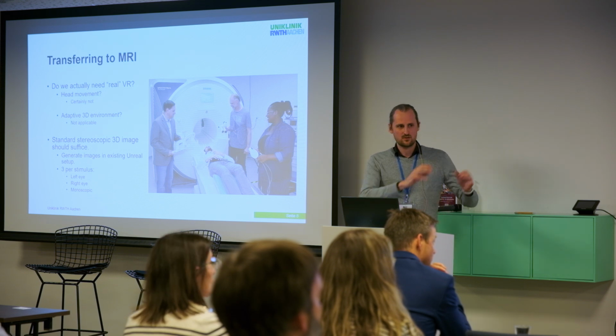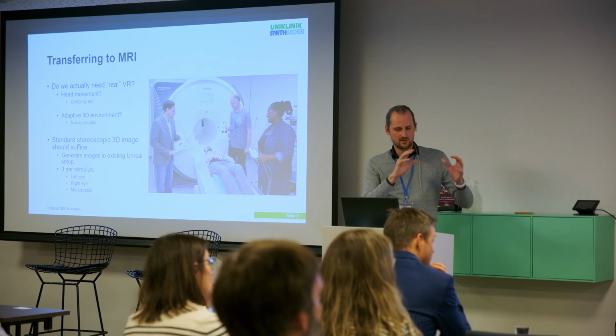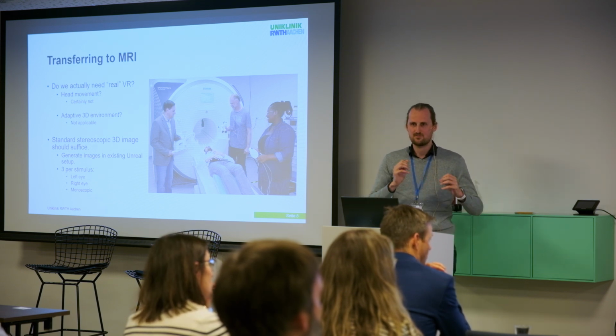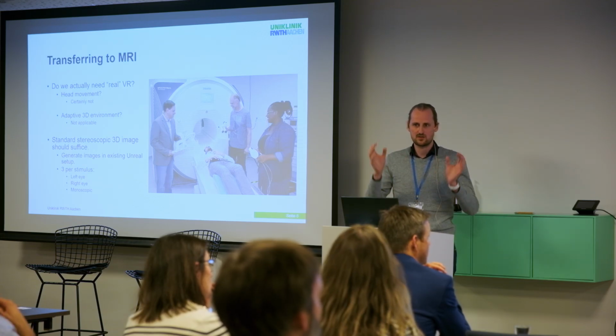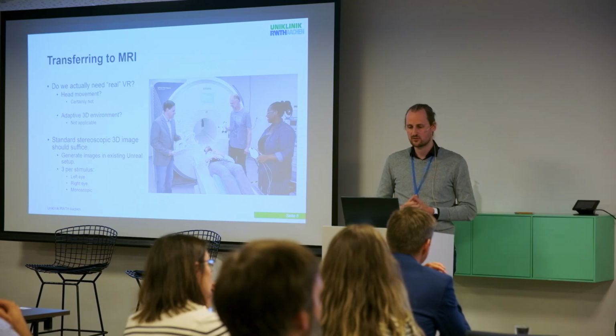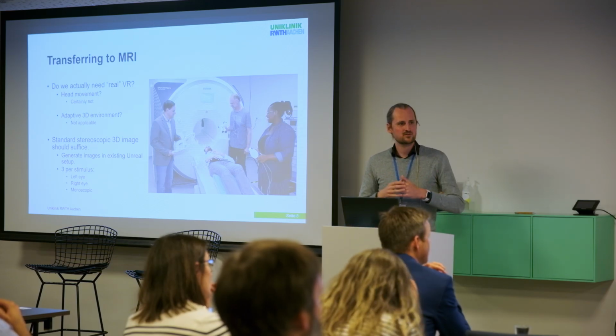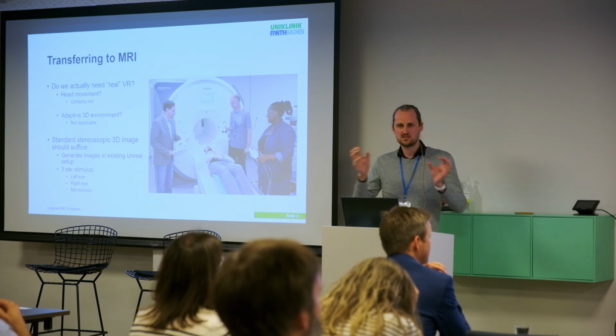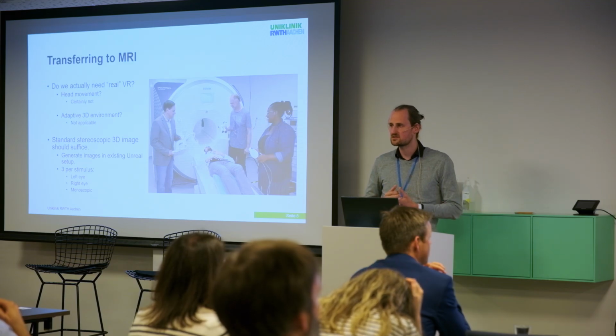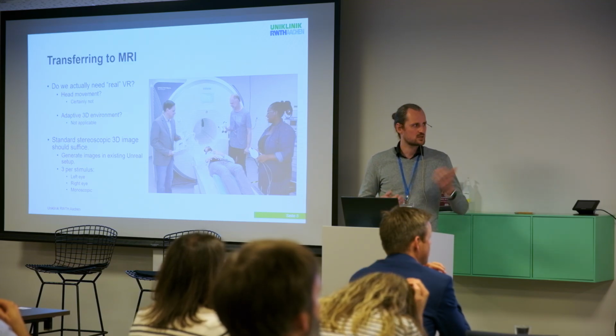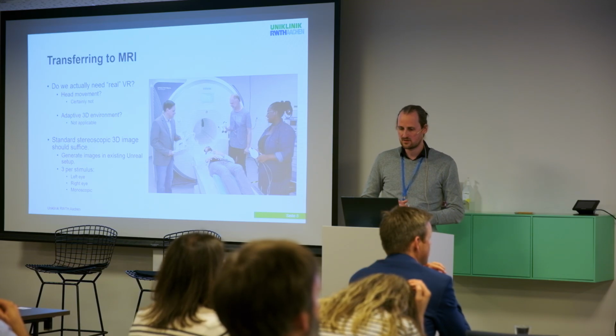We simply took our existing Unreal environment and ended up making screenshots, one for the left eye, one for the right eye, one combined for our monoscopic control conditions. And instead of having a VR environment, we simply use these images to present 3D stimuli to our participants, which works just as well with our goal system.